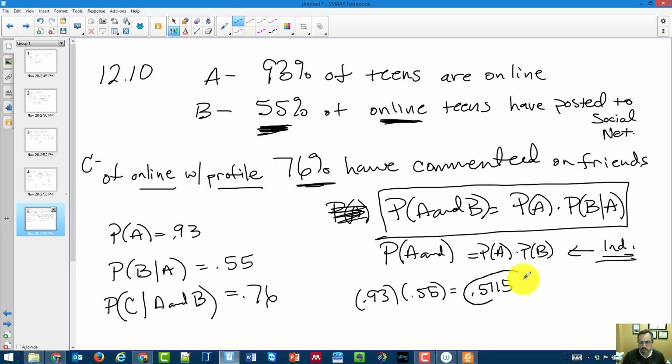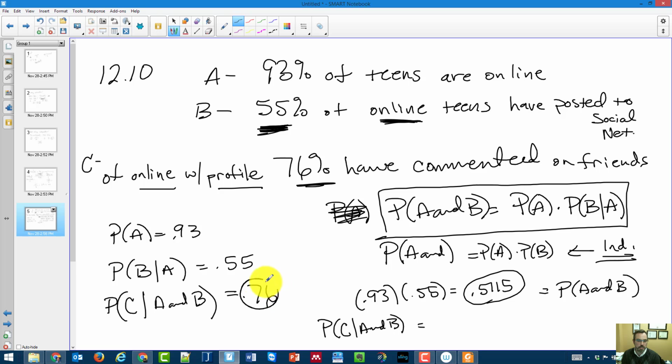So here is the probability of A and B. If I want to find the probability of C given that A and B occurred, I look over here, it is 0.76.